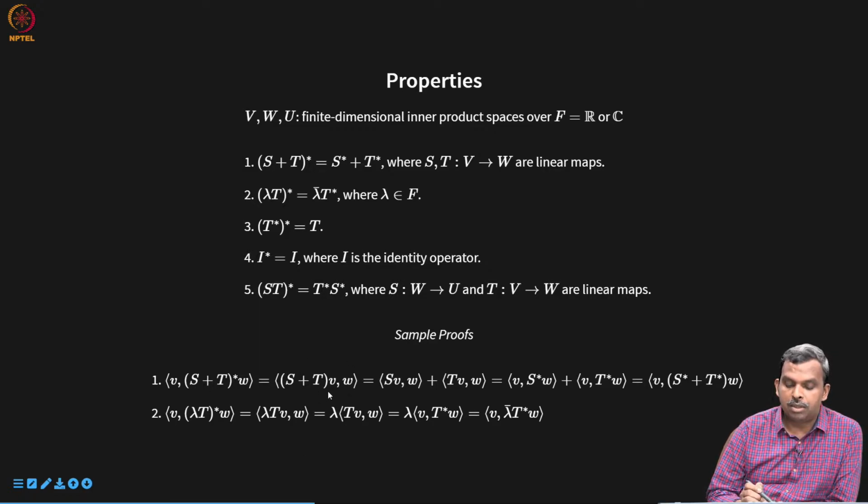Then once you come to this world where there is no adjoint, you use all the properties of the inner product. S plus T into V is SV plus TV.